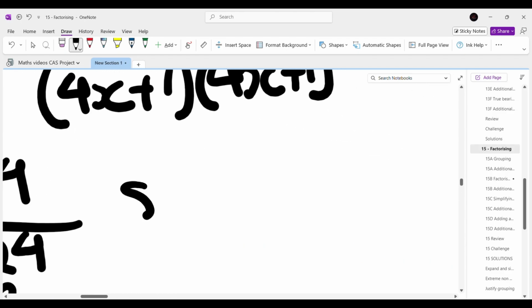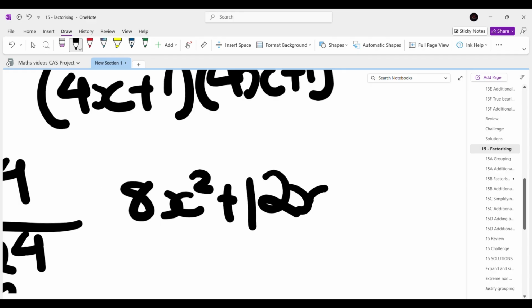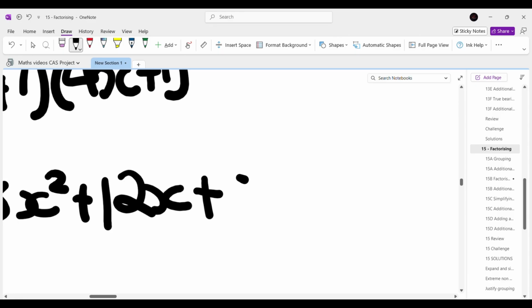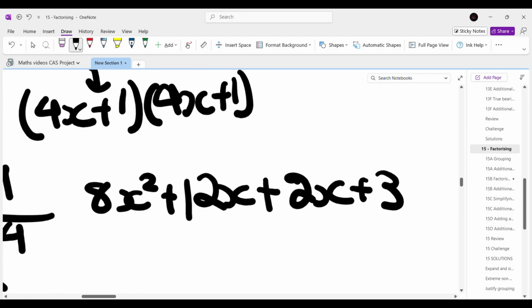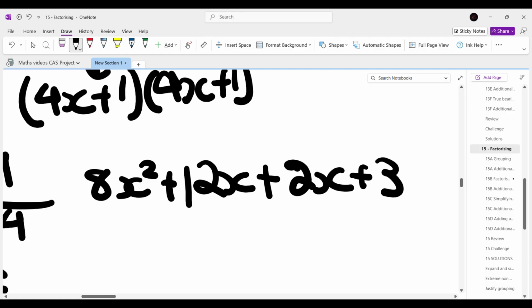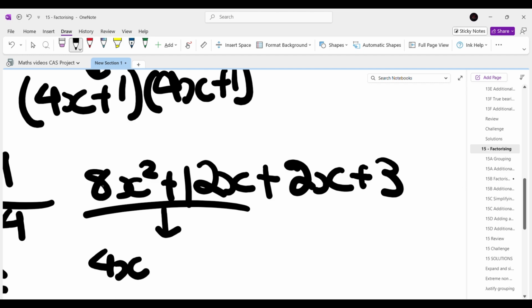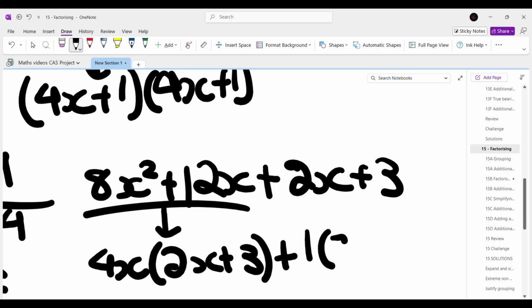So we have 8x squared plus 12x plus 2x plus 3. We can take 4x out of this first bit, so it becomes 4x times 2x plus 3, and we can take 1 out of this second bit.